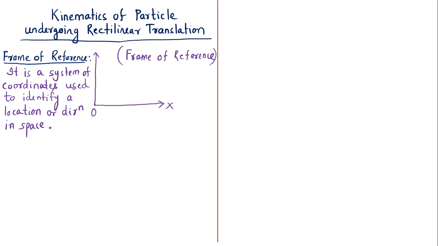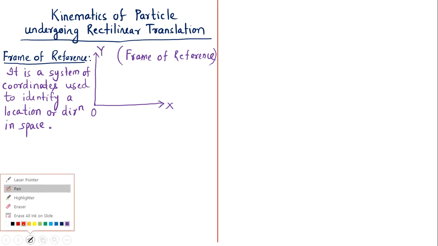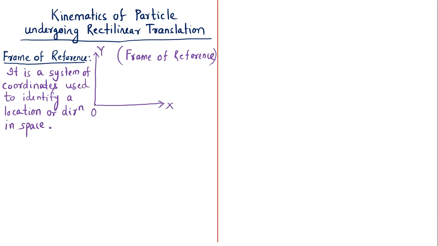This is known as frame of reference, and here the x and y axes constitute a frame of reference. In this frame of reference, a fixed point is required, no? This origin is the fixed point about which I can trace the motion of a particle.